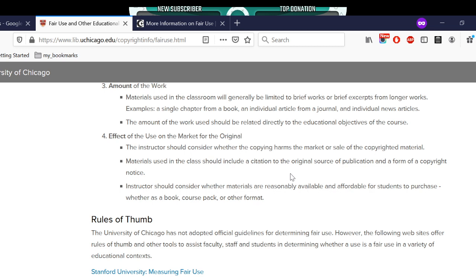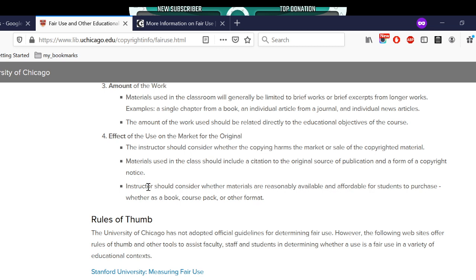I fully plan on putting at least probably an APA citation on whatever material I use on stream, because I'm very much about good citations, and probably also links out to where you can get the material for yourself, because I think that would help mitigate the fact that I'm just reading something on stream. If I'm pointing you all to somewhere where you can get it for yourself, maybe that would make it okay. I don't know yet. We're still learning.